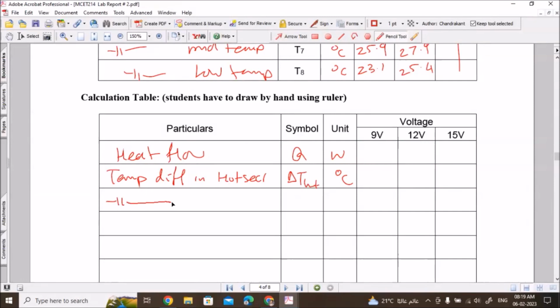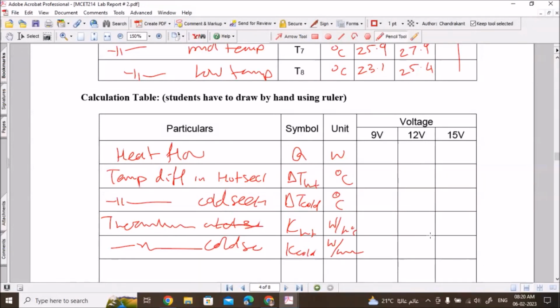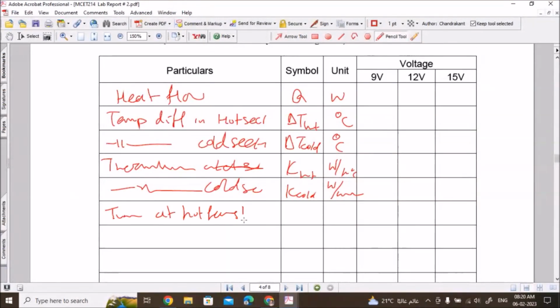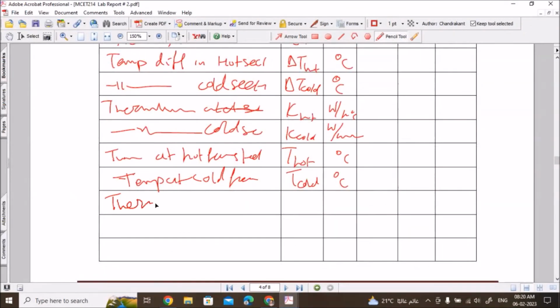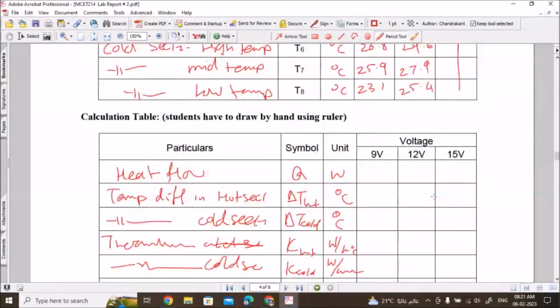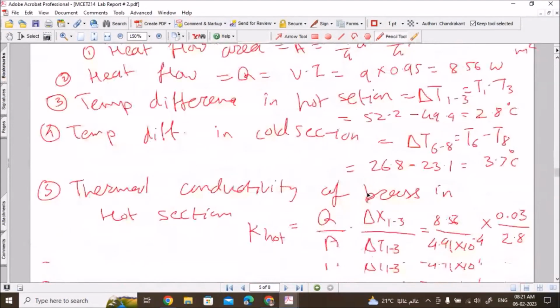Temperature difference in cold section, delta T cold, degree centigrade. Thermal conductivity of steel is K steel, you can write. Okay, so you can transfer your answers here for 9 volt and 12 volt.